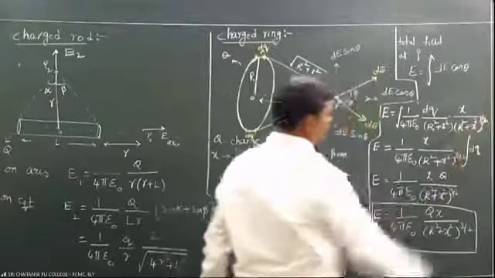Then you can write EAB in vector form, because intensity is a vector, as minus of EADCB. This is the ring, and due to this part AB, EAB is the intensity.